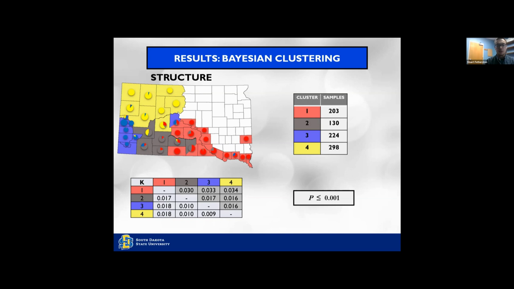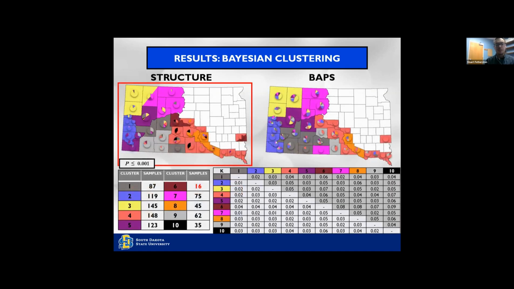Also interesting to note here is the blue cluster, where the Black Hills falls out as its own distinct population. And again, if you look at the GST prime values, the cluster in red, that eastern cluster, is more different from every other cluster than they are to one another.